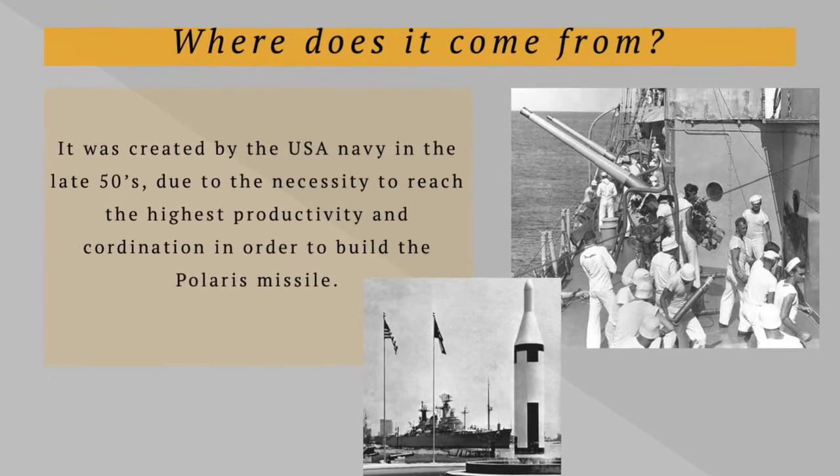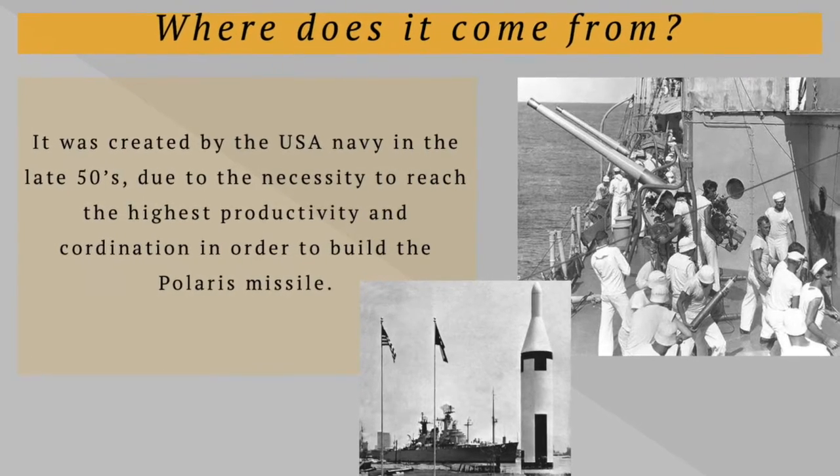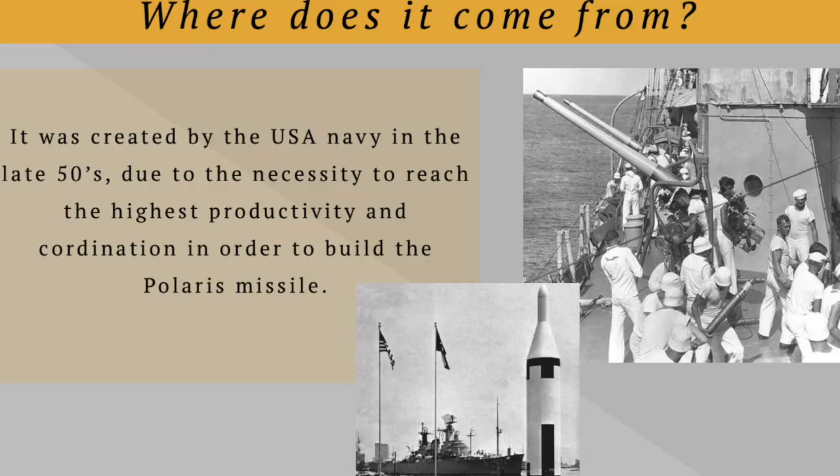Where does the PERT chart come from? Well, it was created by the United States Navy back in the late 50s, due to the necessity to coordinate and control an enormous number of people that were working on the project of the Polaris missile.